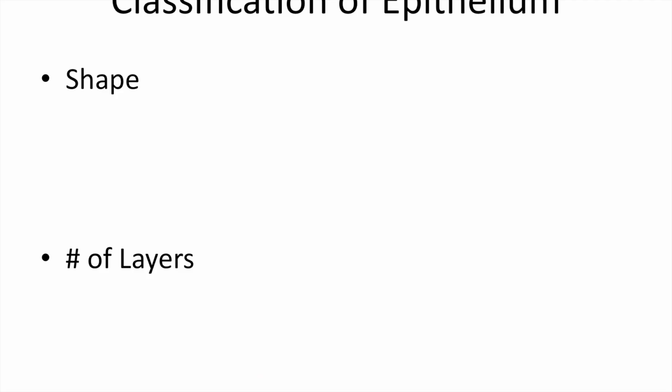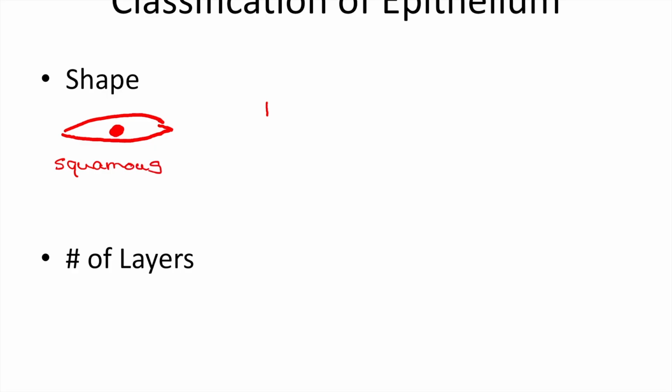Now, epithelium is primarily classified based on two characteristics. The first is the shape of the cells. And there are three major shape types. If your cells are thin and flat, this is what's known as squamous or squamous epithelium.